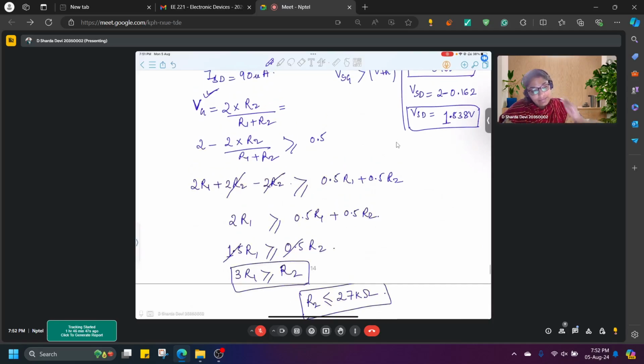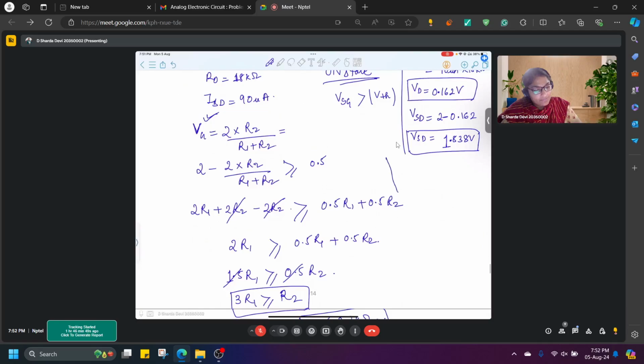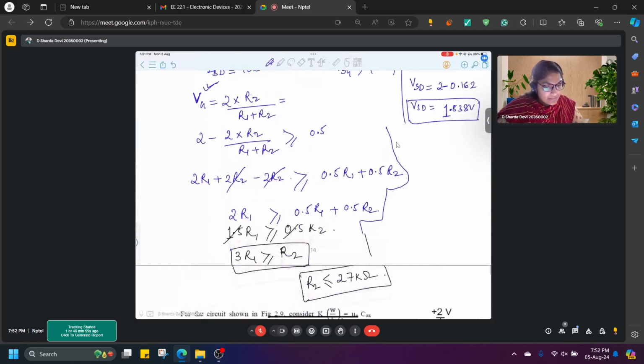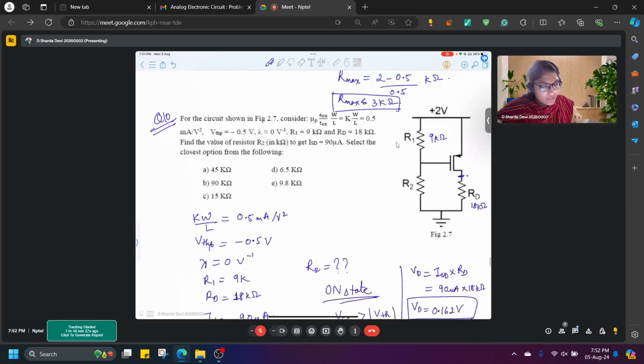And another condition we will obtain from, okay, so if it is 3 times or less than 3 times, what will be the gate voltage here? It will be definitely more than 1, right?